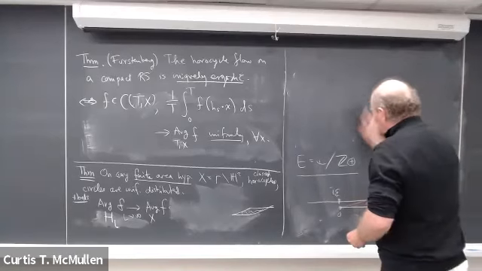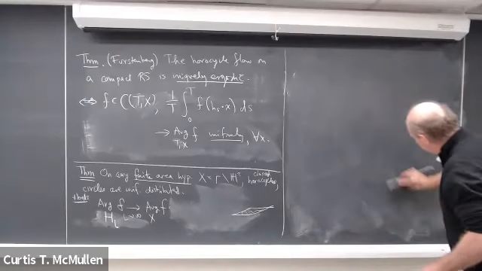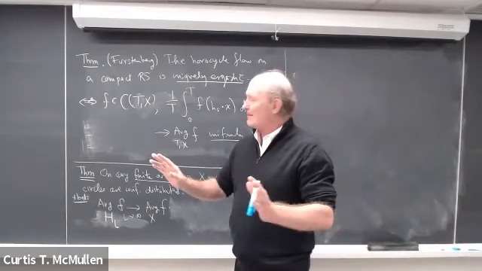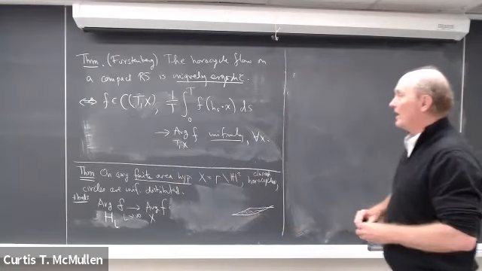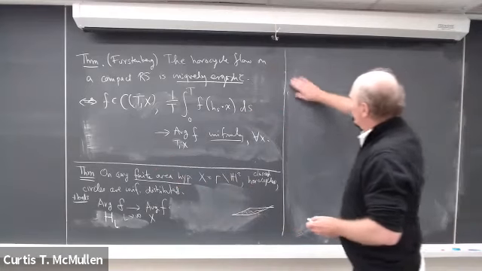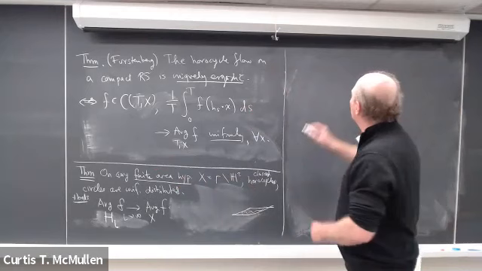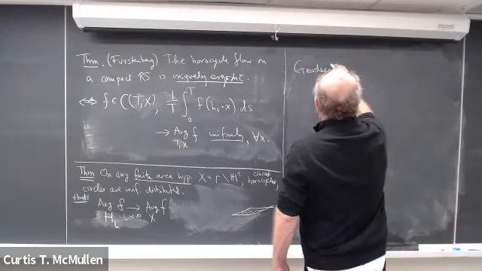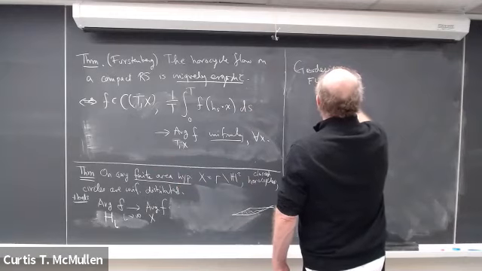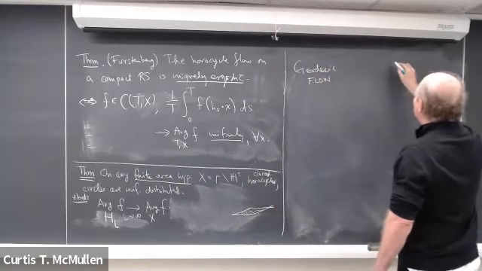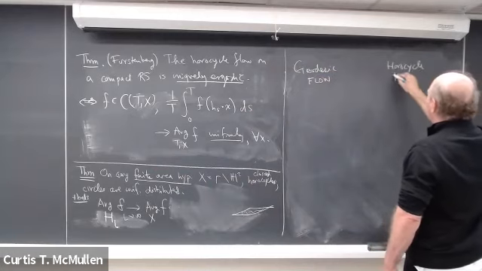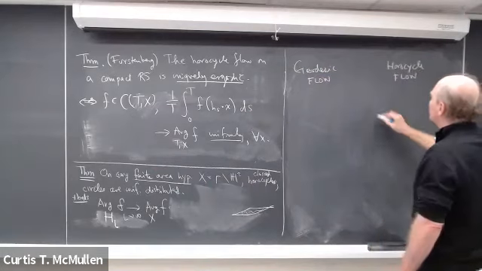Okay, so let's now, just as a kind of a review, let's step back and make a little scorecard for the geodesic flow and the horocycle flow. Because we proved a lot of theorems about these, and some of them show these are the same, and some of them show they're different.